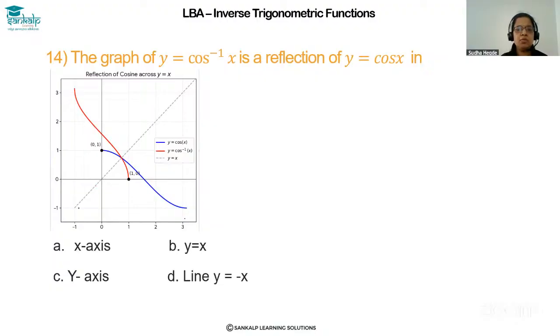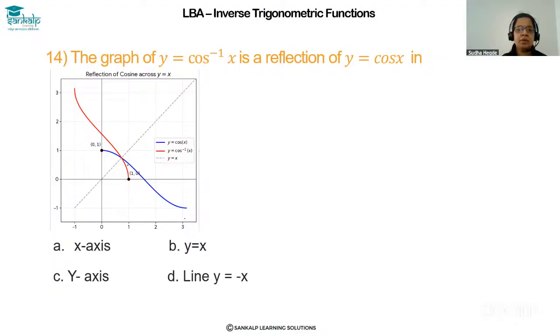So, if you exactly fold the graph along the line y is equal to x, the lower part exactly overlaps the upper part.